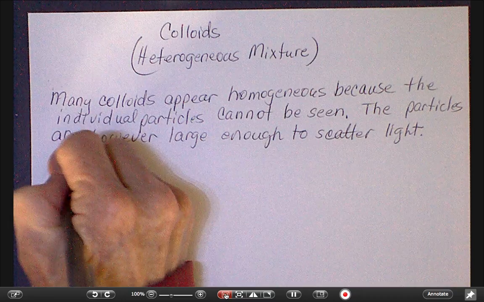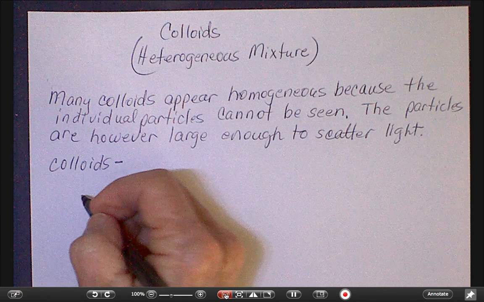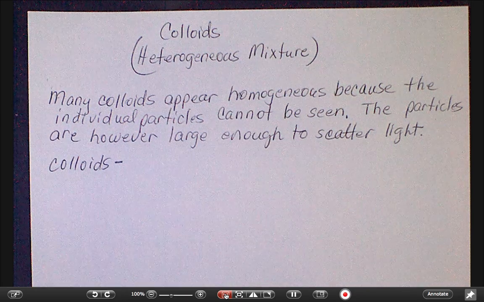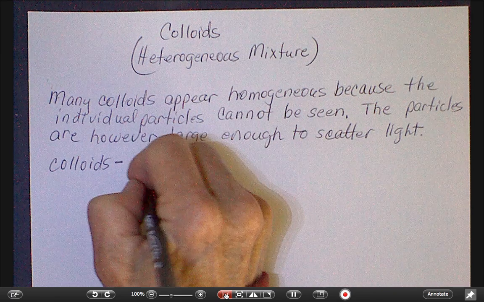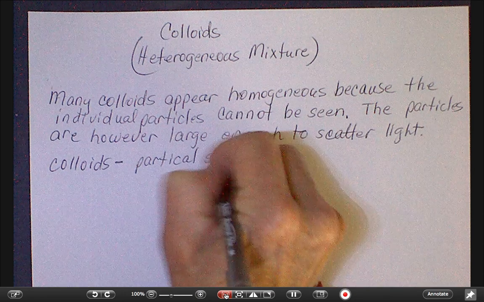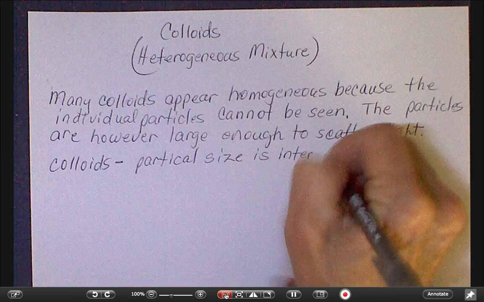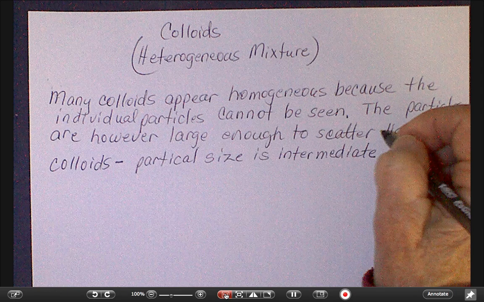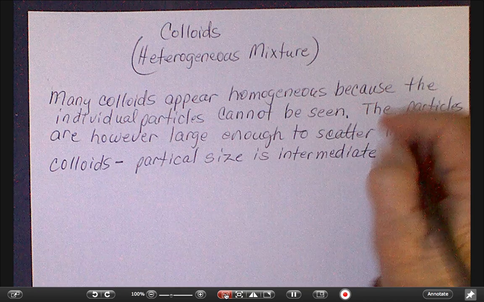Definition of colloids. Particle size is intermediate between solutions and suspensions.